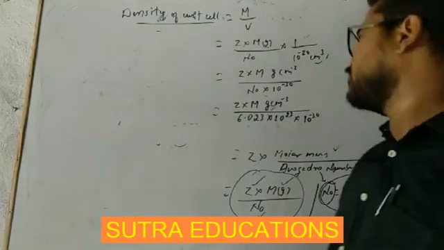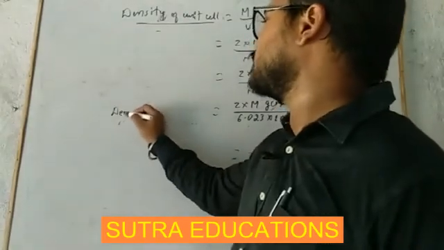So this is volume of unit cell, sorry, density of unit cell.